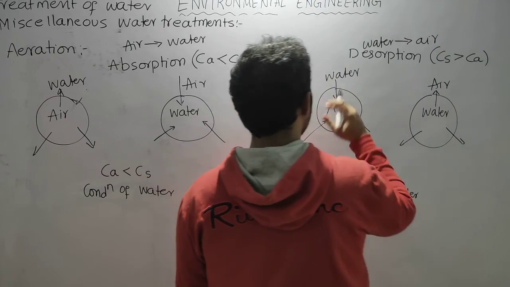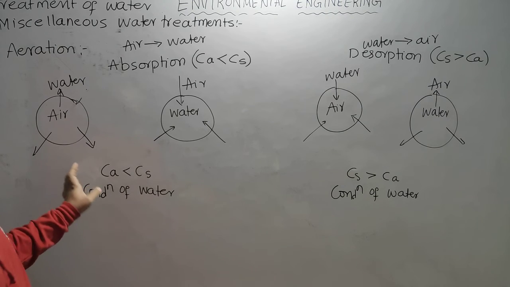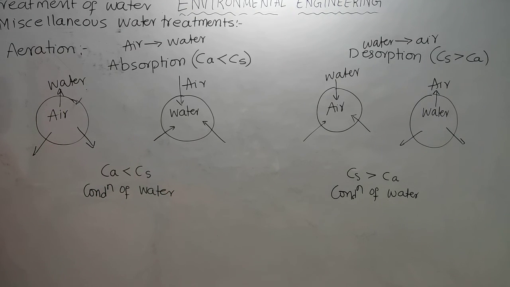So when it is moving from water to air, that is desorption. When air to water, that is absorption. No need of looking at these concentrations and all. By looking at the arrow mark movement, air to water is absorption, water to air is desorption. Very simple to understand.